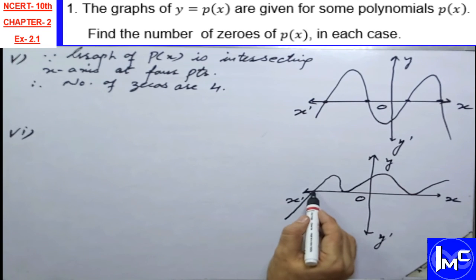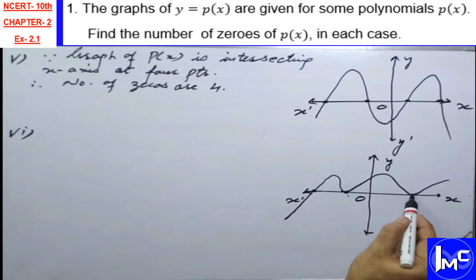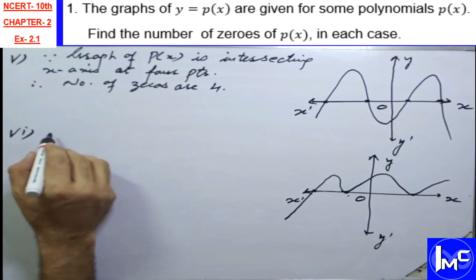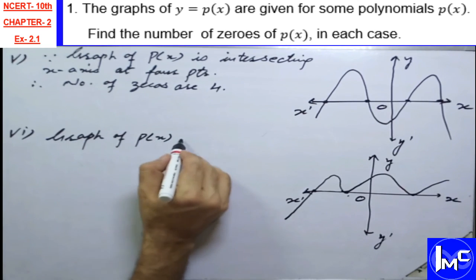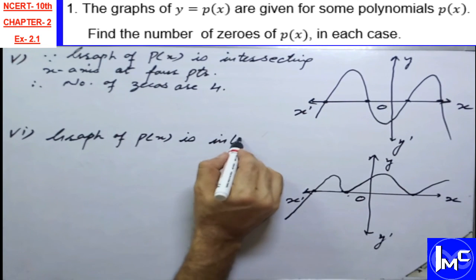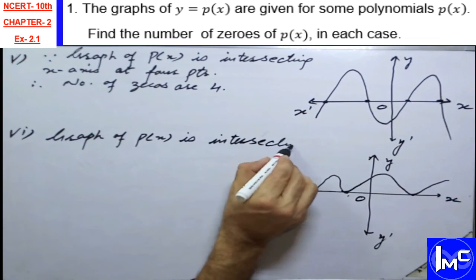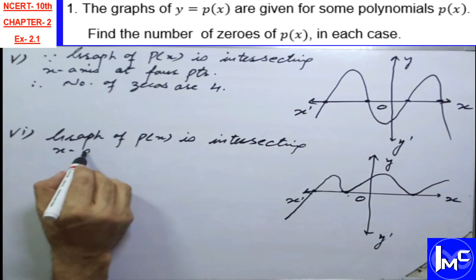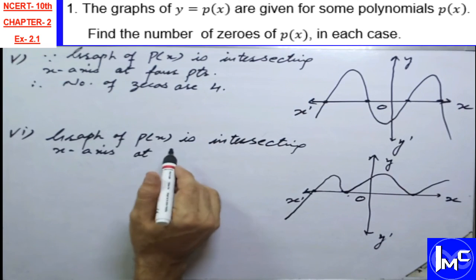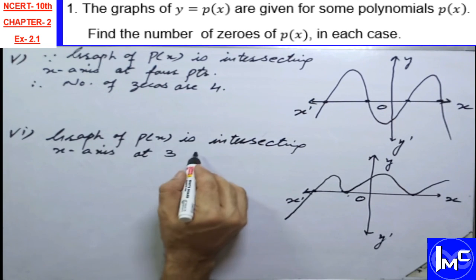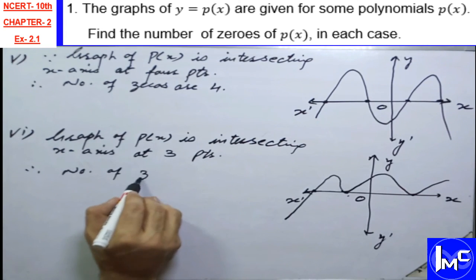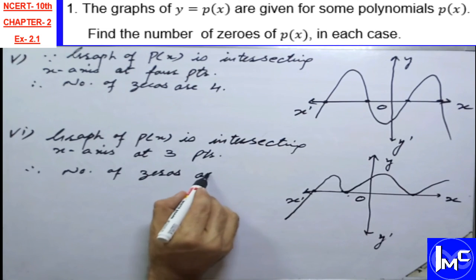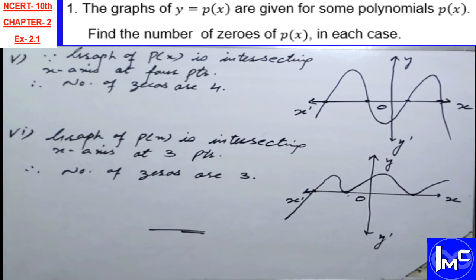And you see 1, 2, 3 common points between the graph and the x-axis. The graph of p(x) is intersecting the x-axis at 3 points. Therefore, the number of zeros is 3. Thank you.